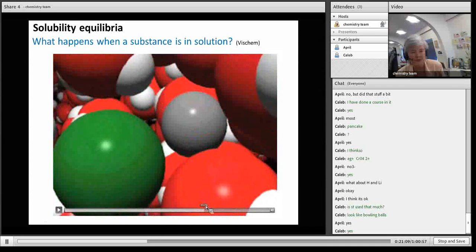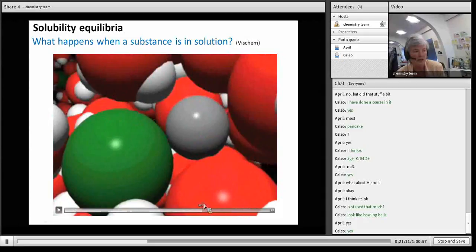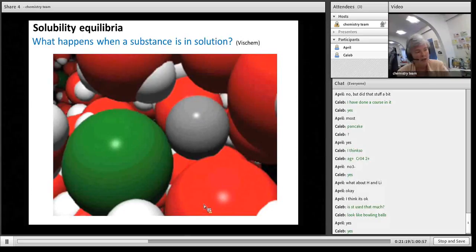Okay, so we're getting an ionic bond formed there, but there's this whole tension between the water molecules attracting it and this ionic bond. So in this example, it got pulled off again. But it can go back and form a lattice, and then that can collide with another sodium or another chloride and build up a lattice again.